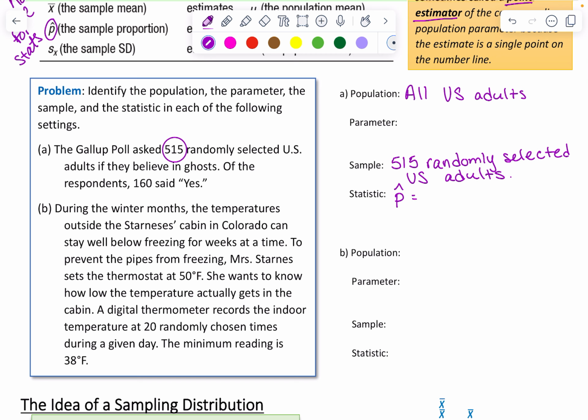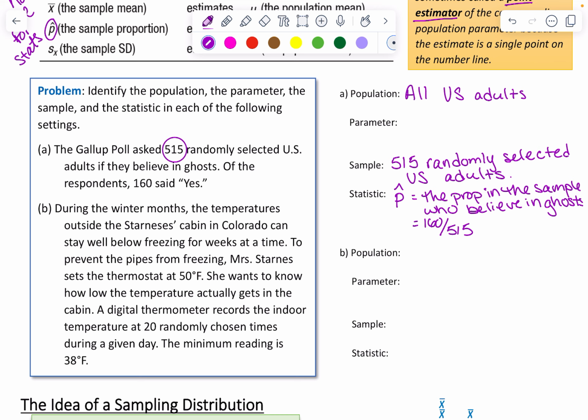So P hat is going to be the proportion in the sample who believe in ghosts. Now, if you just want to write the actual proportion, like 160 out of 515 to save space, that's fine, but the point is it's from the sample.